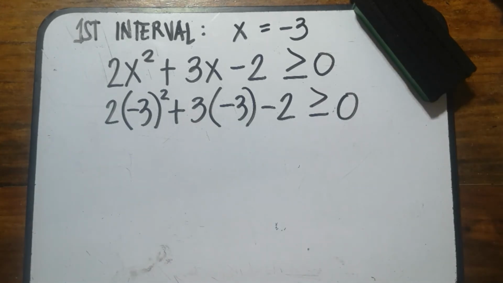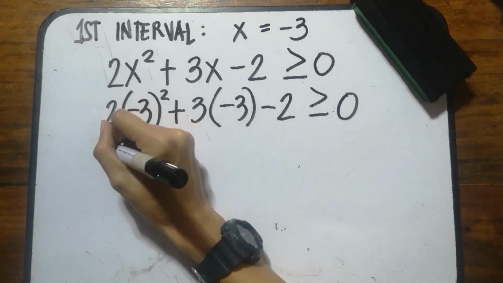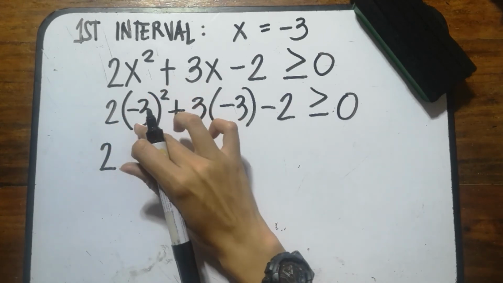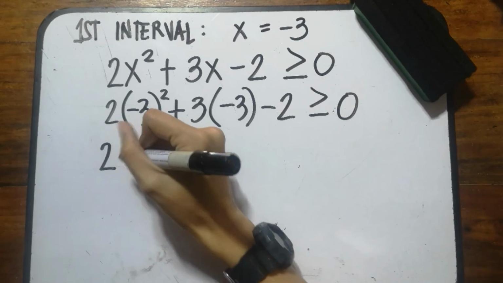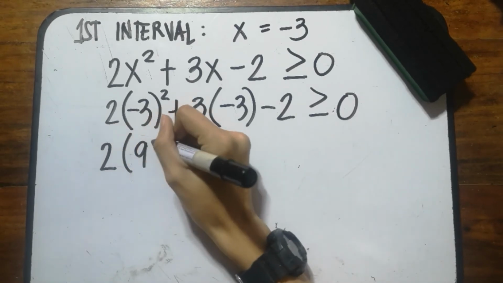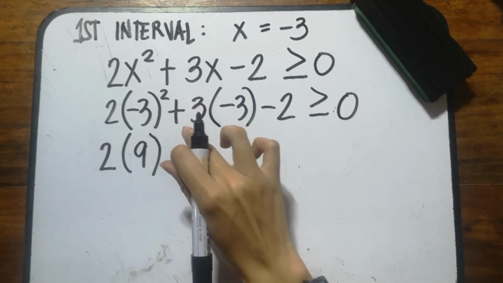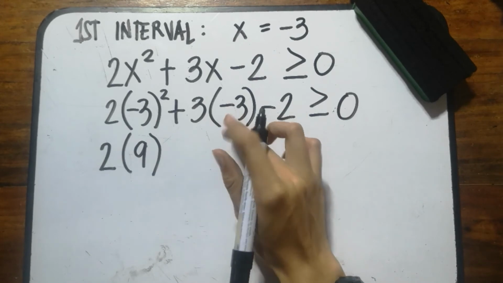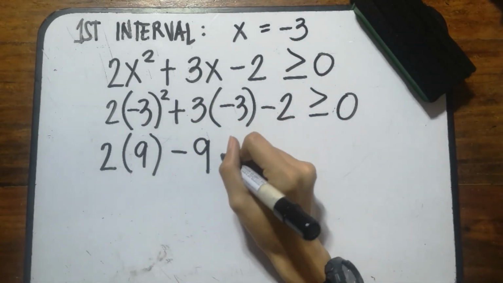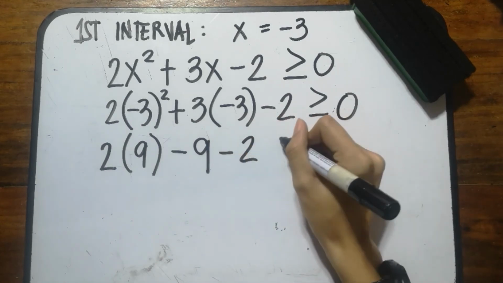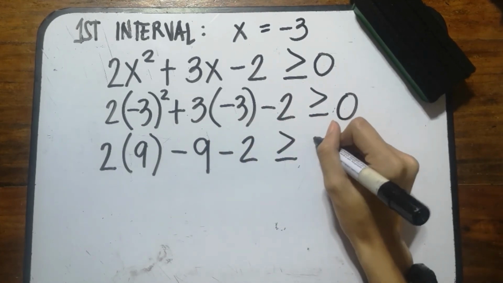Perform the indicated operation. Negative 3 squared gives us negative 3 times negative 3, that is 9. 3 times negative 3 gives us negative 9, minus 2 greater than or equal to 0.